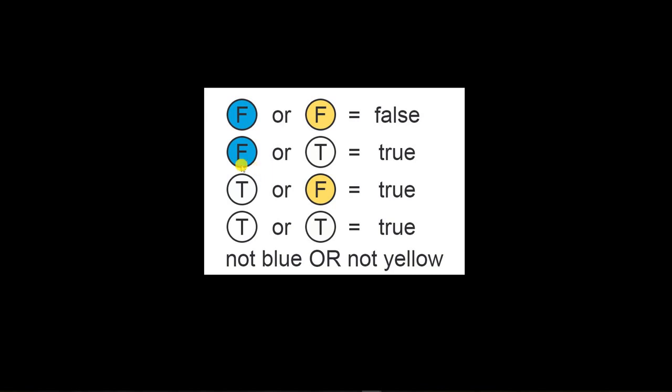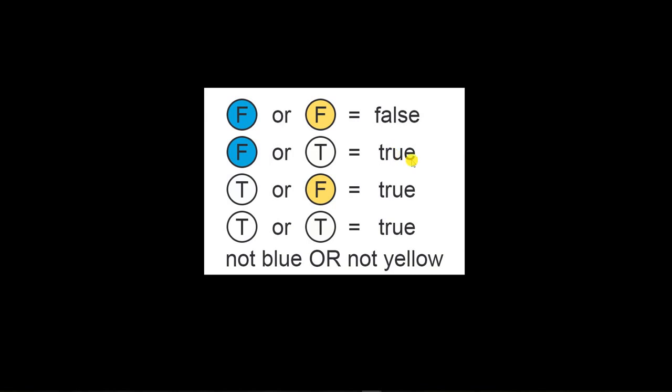But on this next one, they have a blue tag, so again, that half of the equation is false. But they do not have a yellow tag, which makes this half of the equation true. Because I put "or" in between here, only half of this needs to be true to make the whole statement true.